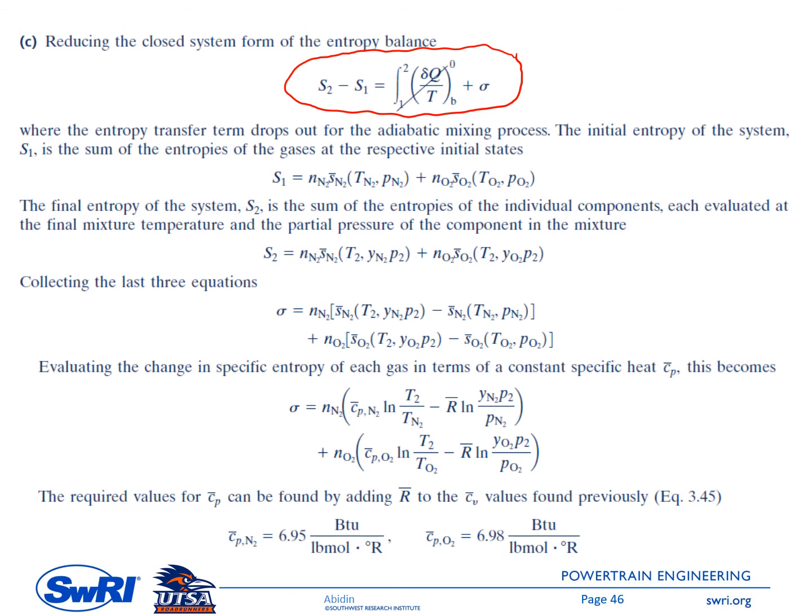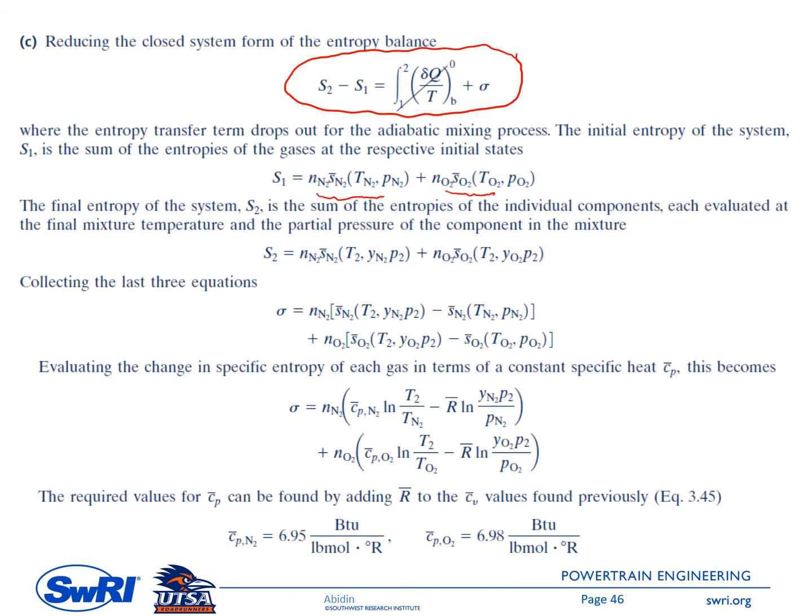Here we have S2 minus S1 equals the entropy production, sigma. The initial entropy of the system, S1, is the sum of the entropy of the gases at their respective initial states: this one is the contribution from the nitrogen, and this one is from the oxygen.